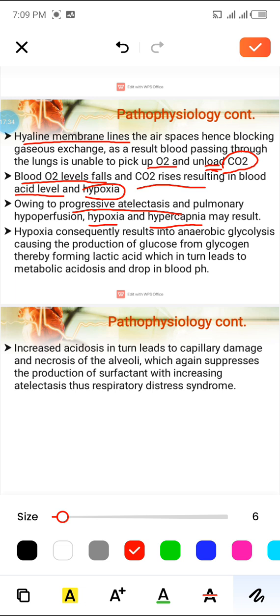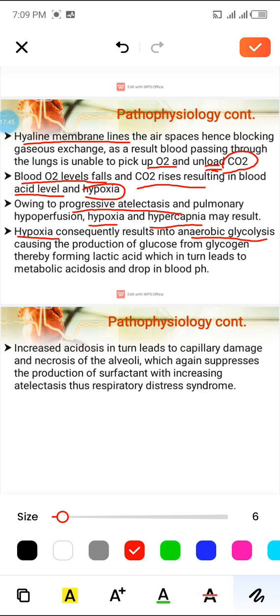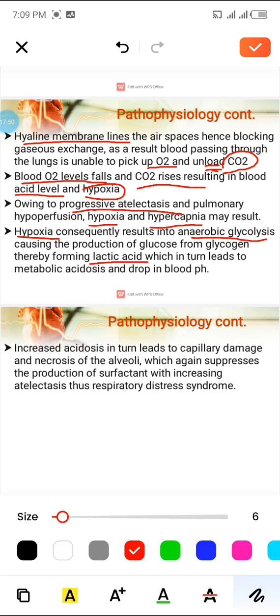Then hypoxia, consequently, what will it cause? It will cause an individual to break down glucose without oxygen, and this causes acid levels to rise in addition to the carbon dioxide increase. So the acid levels, we are saying lactic acidosis. So this is all about the acid.